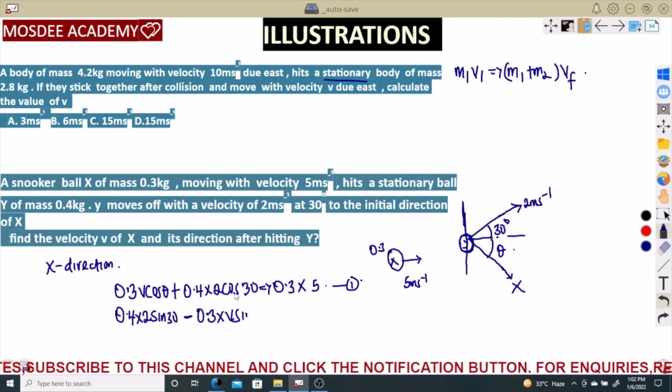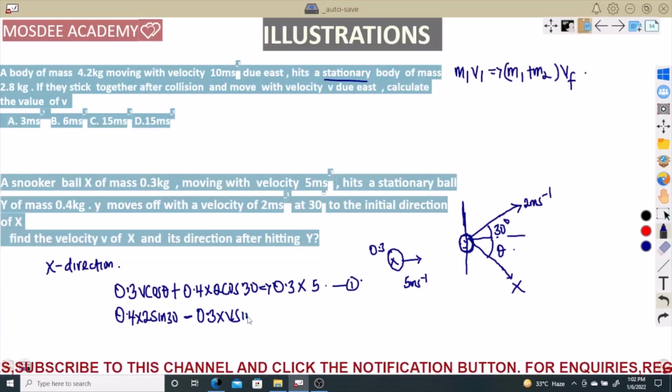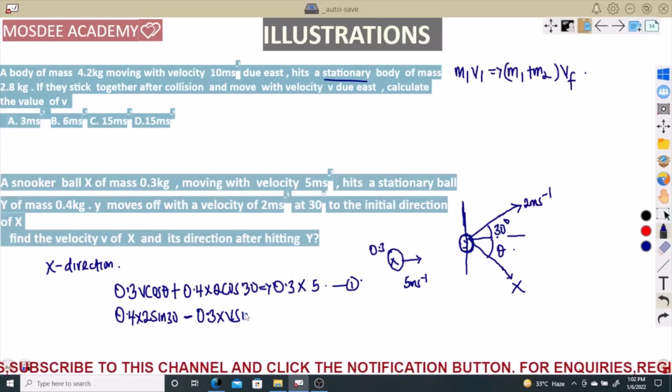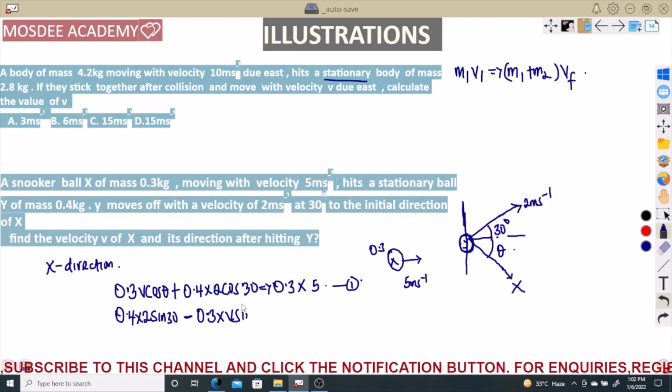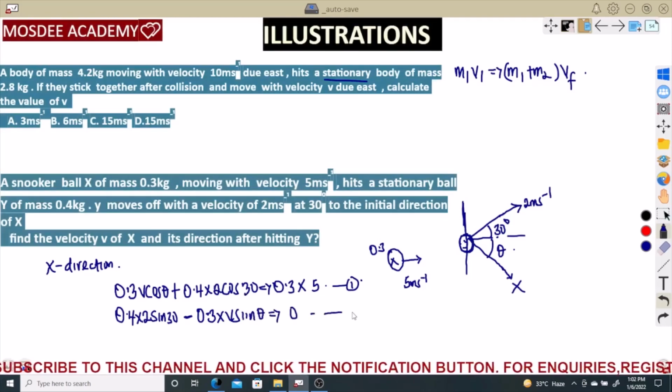Oh, this is hanging and I'm rushing. This sine theta is not writing at all. v sine theta must be equal to 0. So this is equation 2.